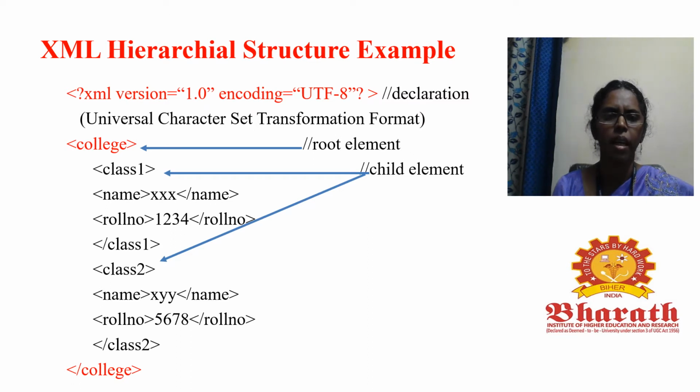So we can create any number of child elements within the root element college. This is the hierarchical structure of XML. So here we are using the version 1.0, but the program is identified as an XML program by specifying the question mark XML. This is the hierarchical structure of any XML program.